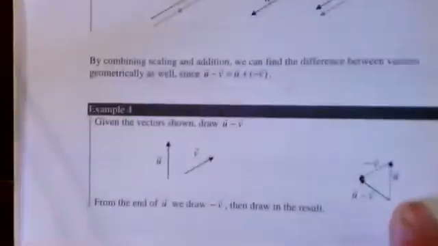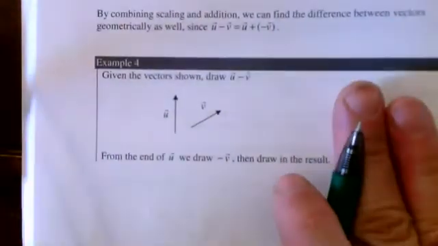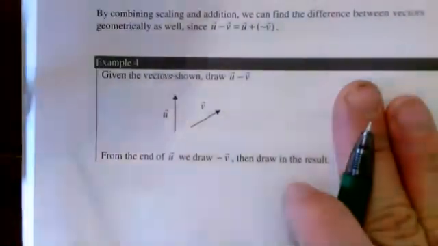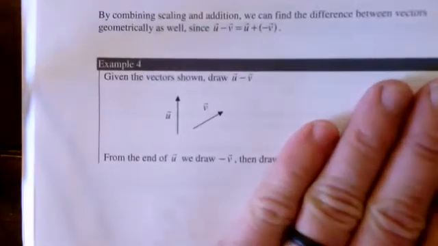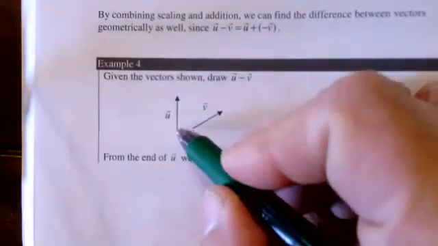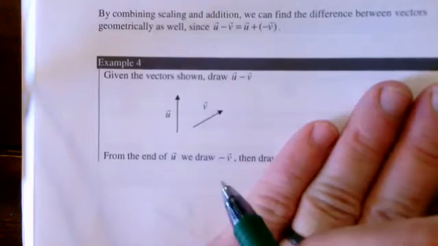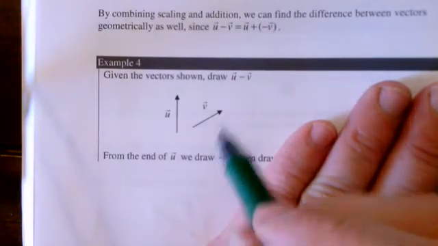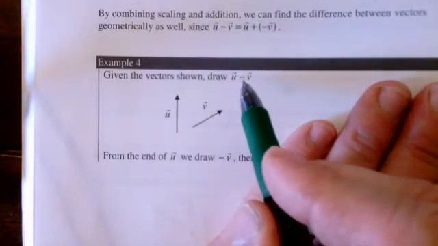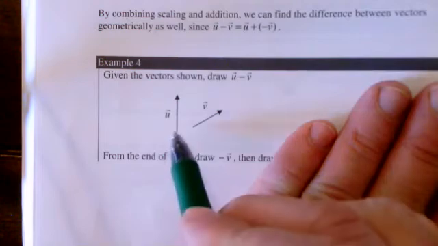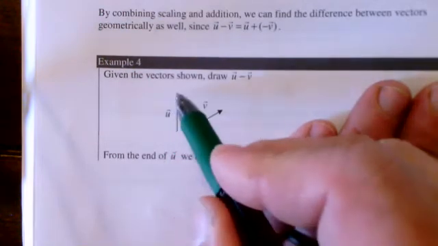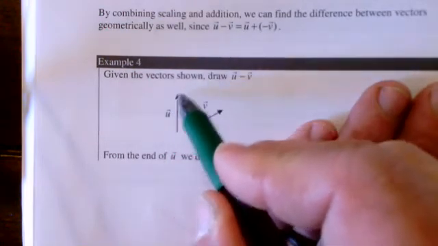Now, this gets a little bit tricky, and I'm going to cover this up for just a second, because I don't want you to see this right away. If u goes vertically and v goes kind of up to the right, if I think about this as u and negative v, normally v would go up and to the right.